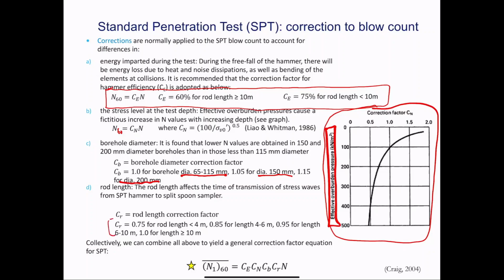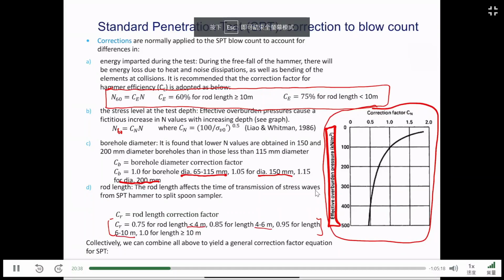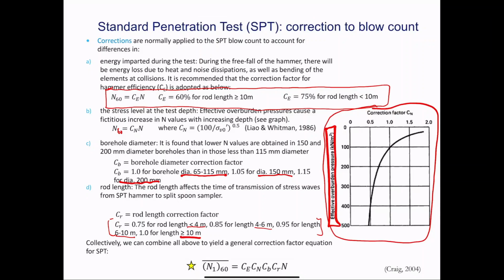I don't expect you to know the details, but I'm sure the procedure here is quite straightforward. Even if I gave you this slide, I think you can correct it quite easily. So for CR, you can see that for different lengths of rods, here's less than 4, 4 to 6, 6 to 10, and above 10, you don't have to correct. But anything less than 10, you have to reduce your N value accordingly.